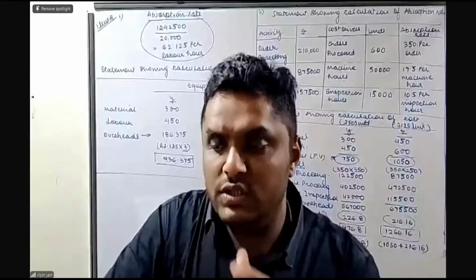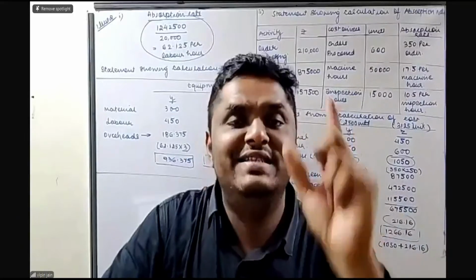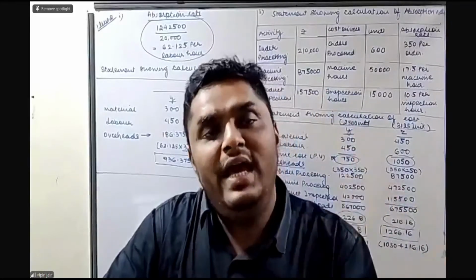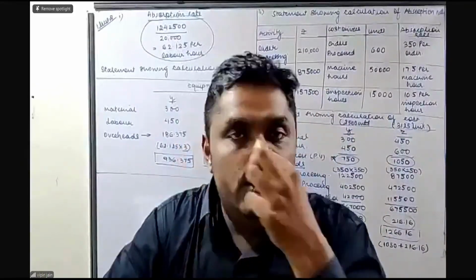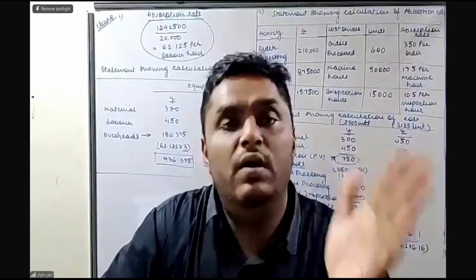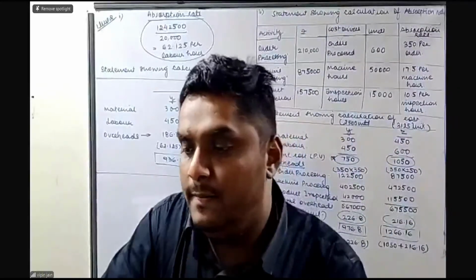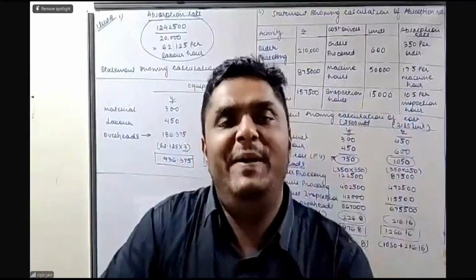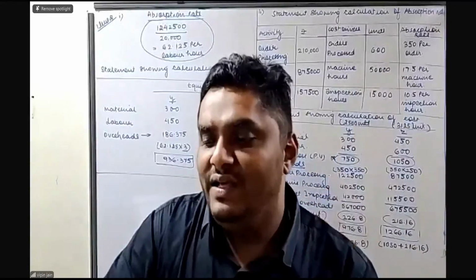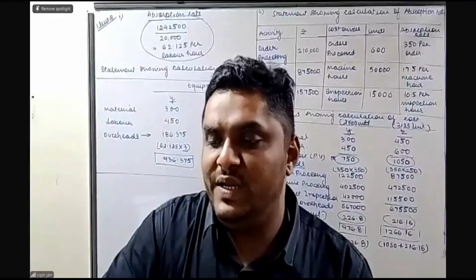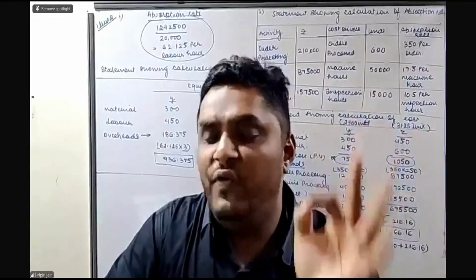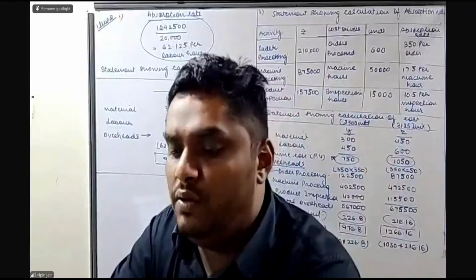And direct labor cost for product Y, 3 hours are required for every unit and they are paid at the rate of 150 per hour. So it is 450 per unit, not in total. I think there is a printing mistake in the study material. So in my words, what I want to express is that it is 450 per unit and 600 per unit.